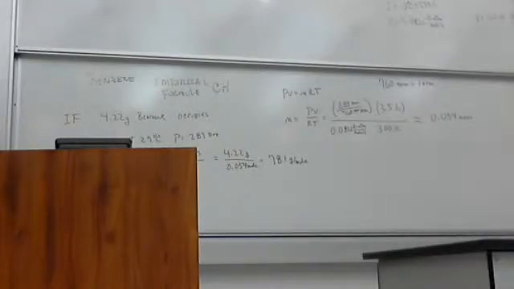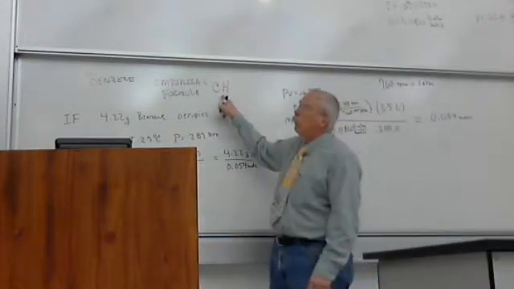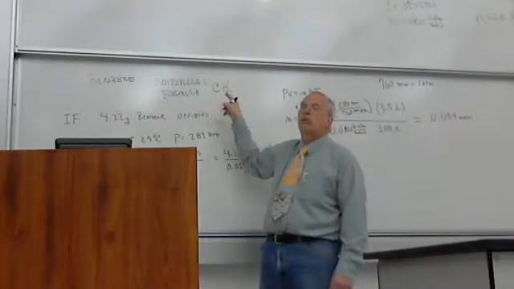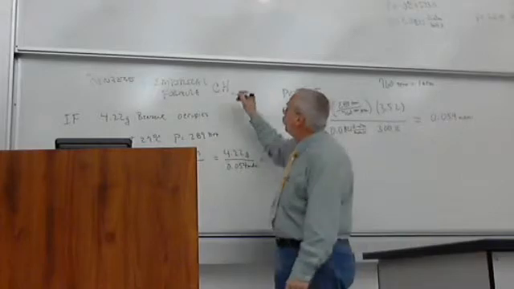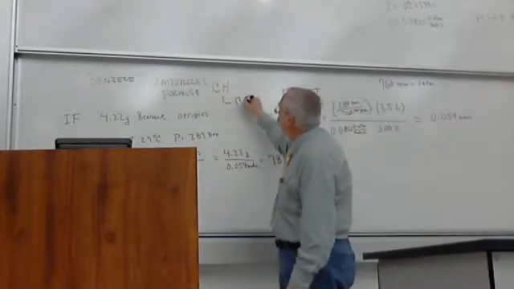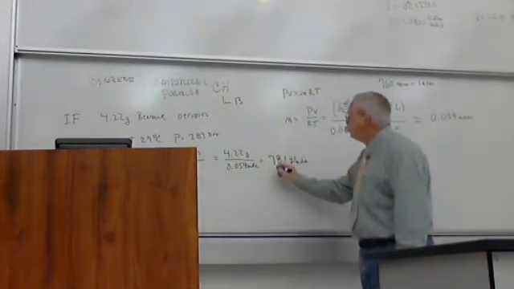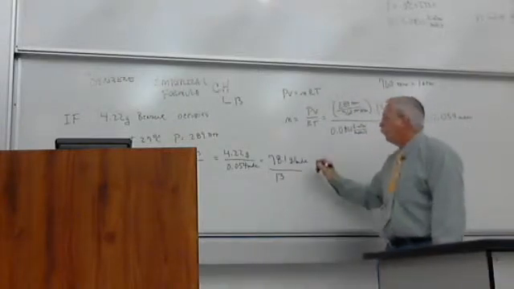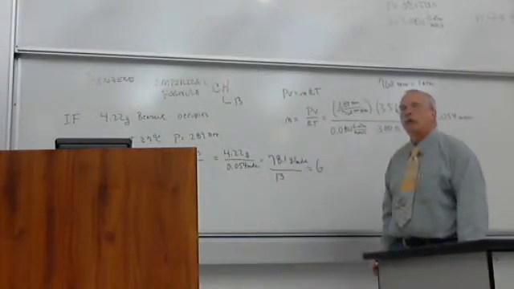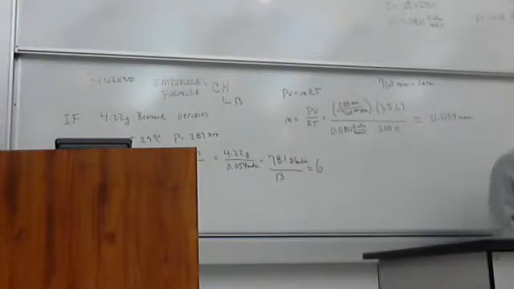Okay, now what do we do? Well, remember, back in the empirical formula days, we found an empirical formula weight. What would be the weight of this empirical formula? Carbon is 12, hydrogen 1, so the empirical formula weight is 13. And then we took the molecular weight and divided it by the empirical formula weight and hoped to get a whole number, an integer.